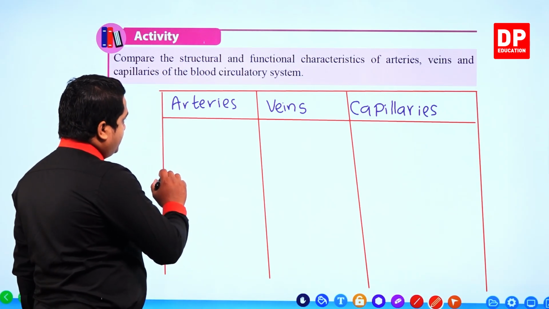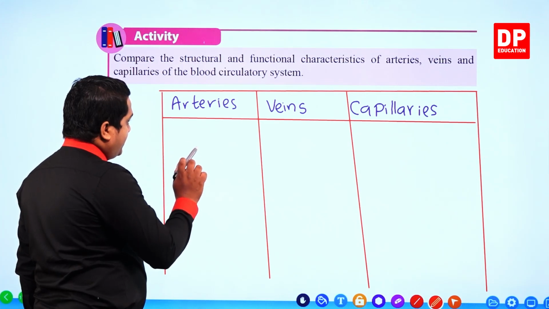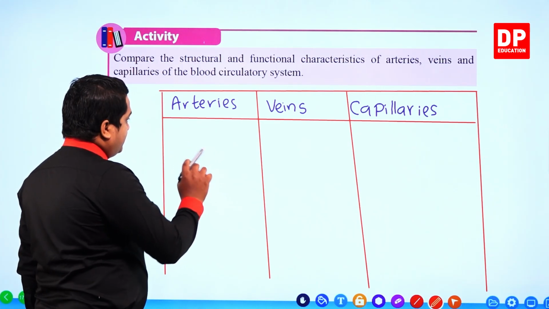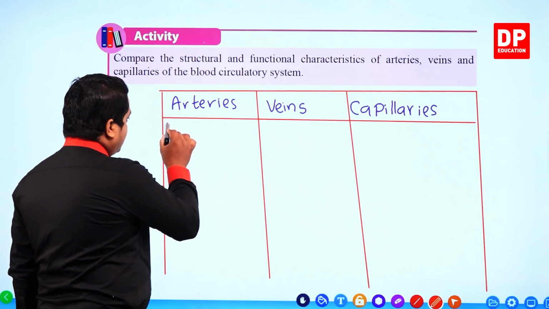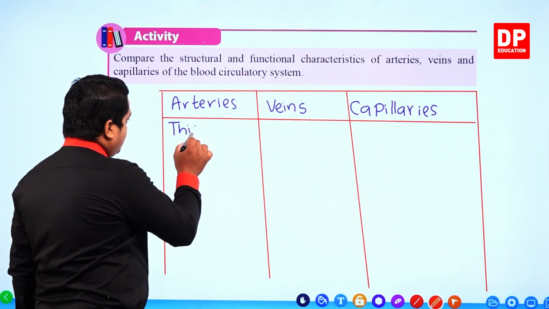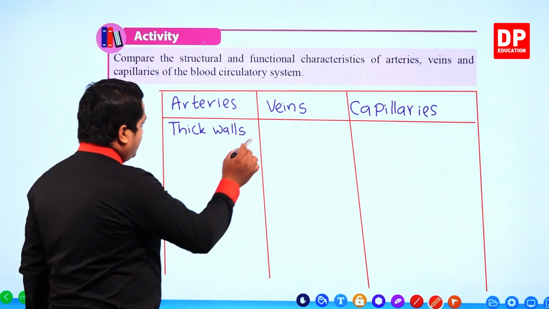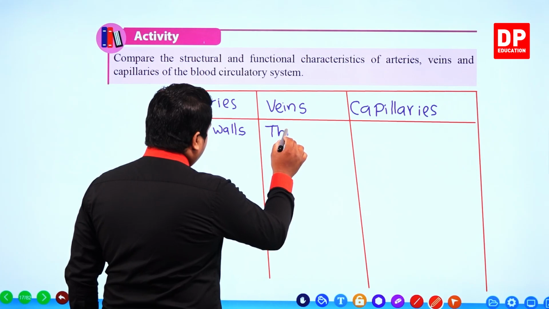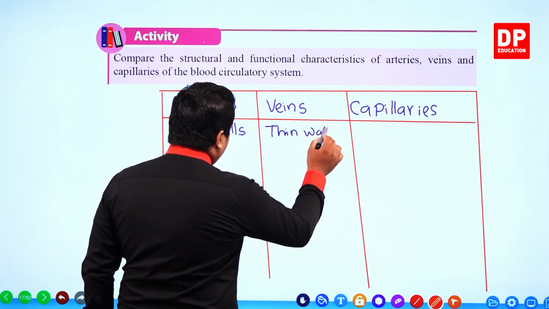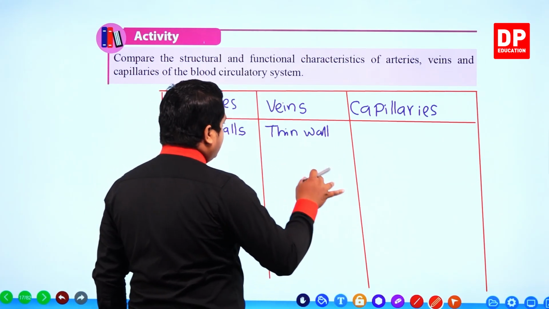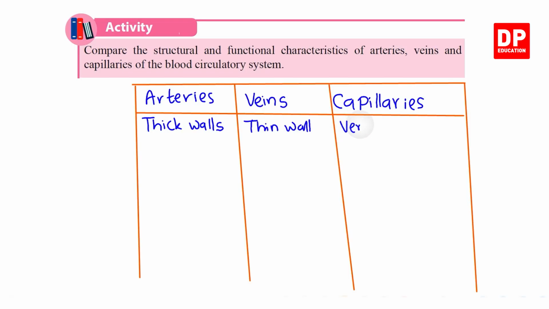First and foremost feature: if you take arteries, veins and capillaries, arteries have thick walls, veins have thin walls, and capillaries are very small tubes.